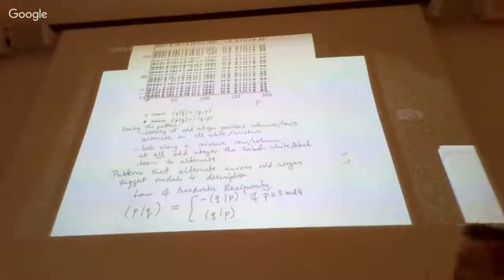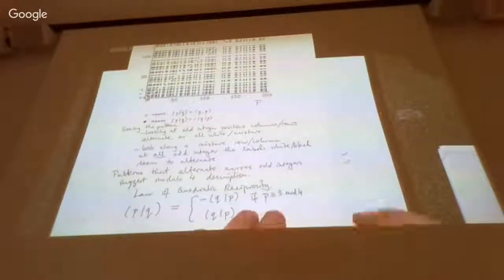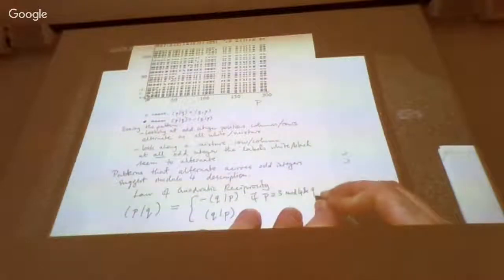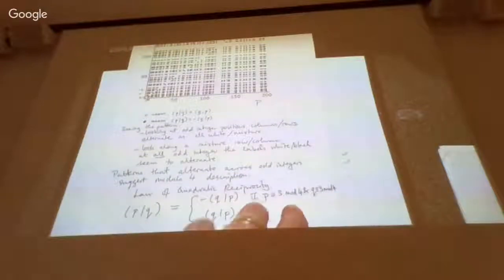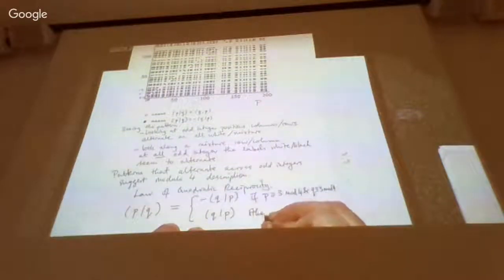So again, it's whenever q is congruent to 3 mod 4. So when both p and q are congruent to 3 mod 4, it appears that they have opposite status. And the white dots are at every other location.